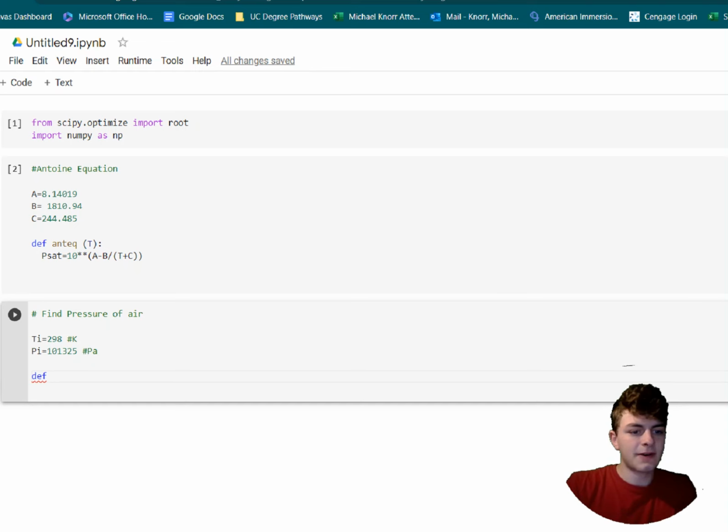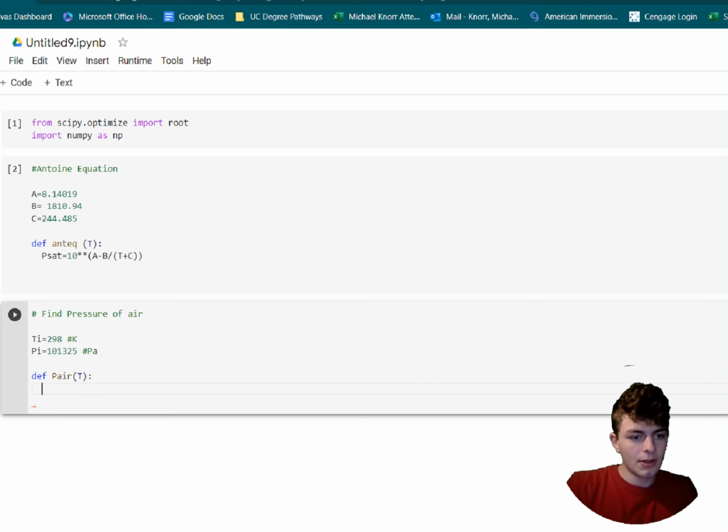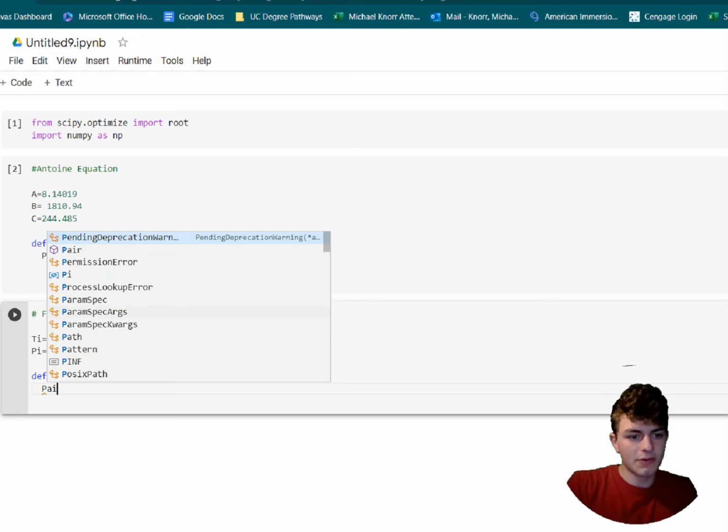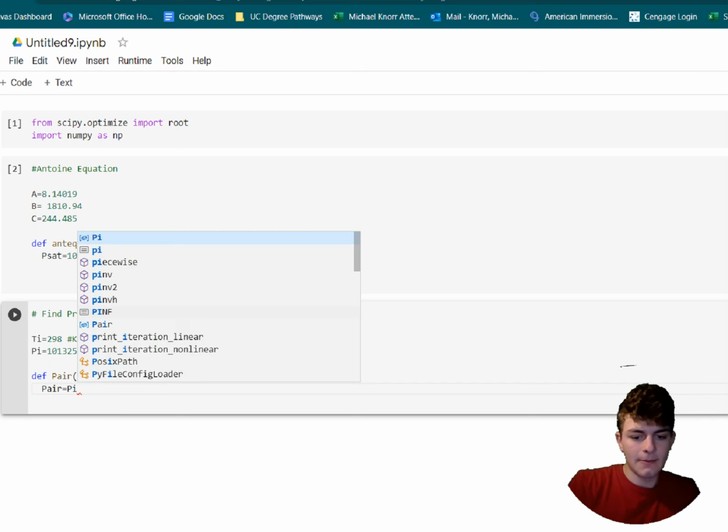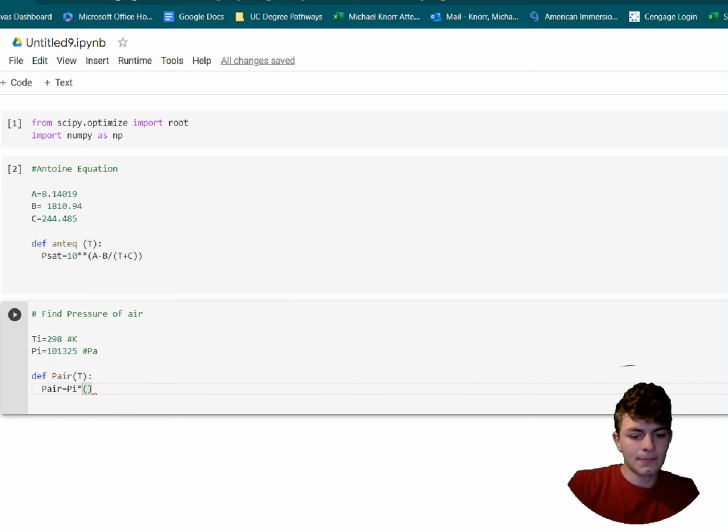I'm going to define this function and call it something along the lines of partial pressure of air as a function of temperature. In this case, we will say that pressure of air is equal to Pi multiplied by T over Ti.